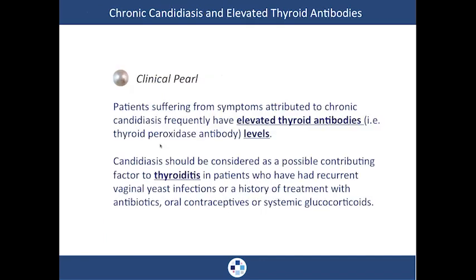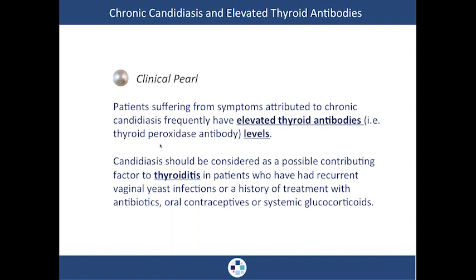Now, there's also the connection. Oh, let me just do this slide first before I talk about the immune cells in the gut. Just a little clinical pearl for you: patients suffering from symptoms attributed to chronic candidiasis frequently have elevated thyroid antibodies, particularly thyroid peroxidase antibodies. So if there's a history of candidiasis, that can contribute to thyroiditis.